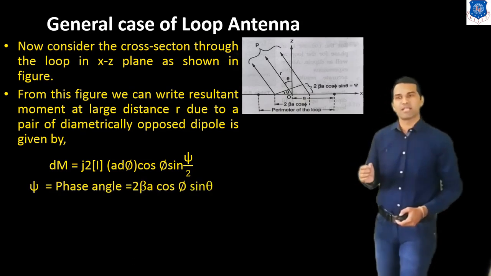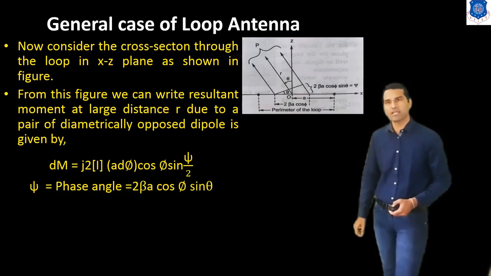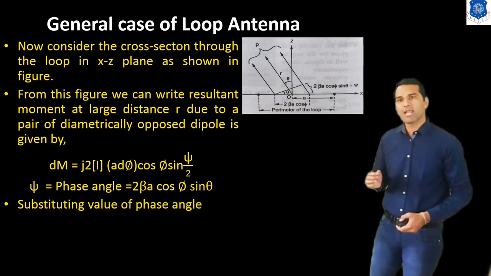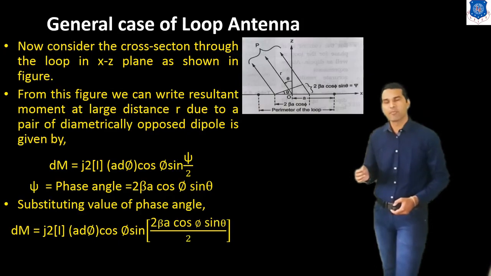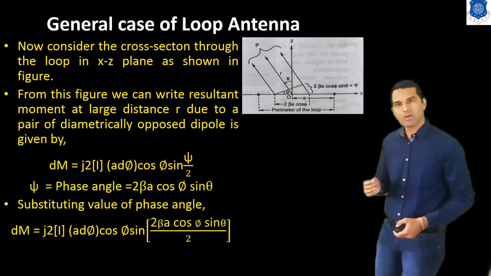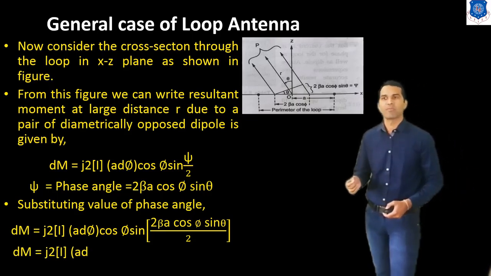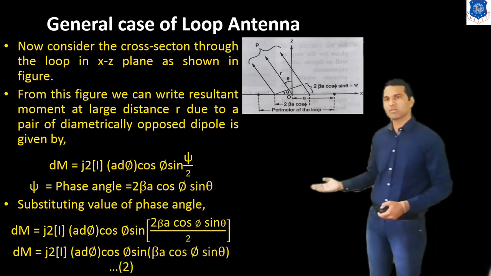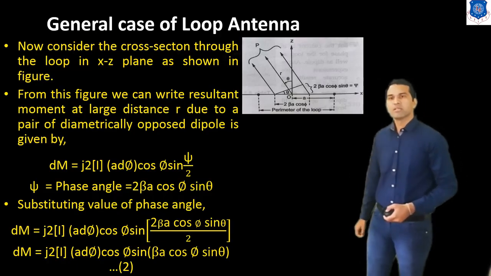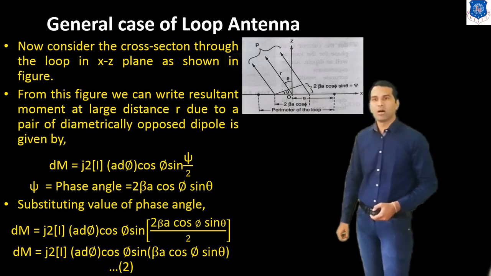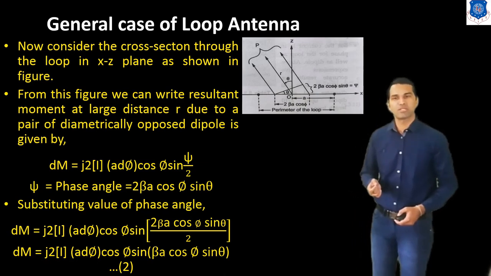Here psi is the phase angle, whose value is 2 beta a cos phi sin theta. Substituting the phase angle into the dm equation, dm equals j 2I a d phi cos phi sin of 2 beta a cos phi sin theta by 2. Simplifying, dm equals j 2I a d phi cos phi sin of beta a cos phi sin theta.